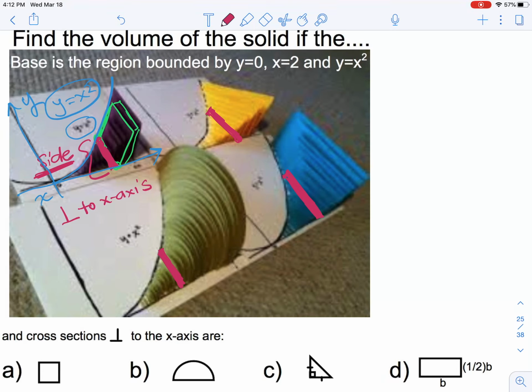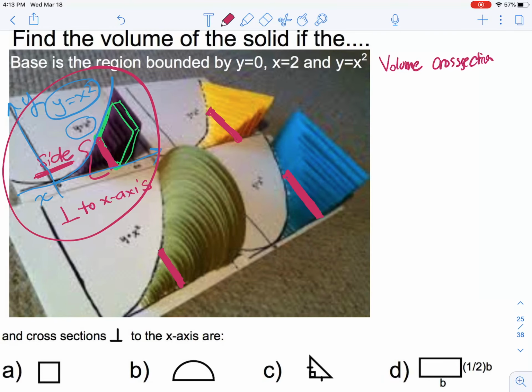So we're going to build the volume formula very generically so that you can handle any cross-section shape. With these cross-sections, if I pay attention to this one right here, that's a square. So I'm going to think about the volume of that 3D cross-section.